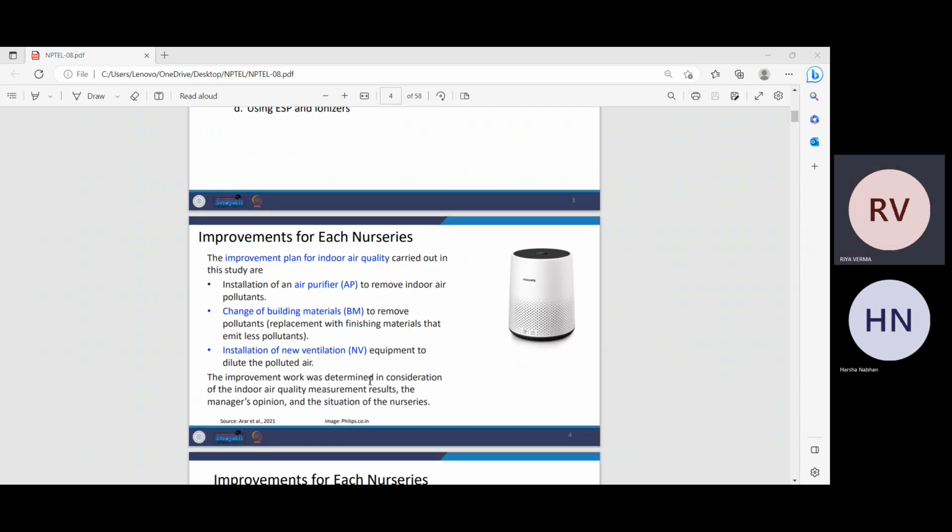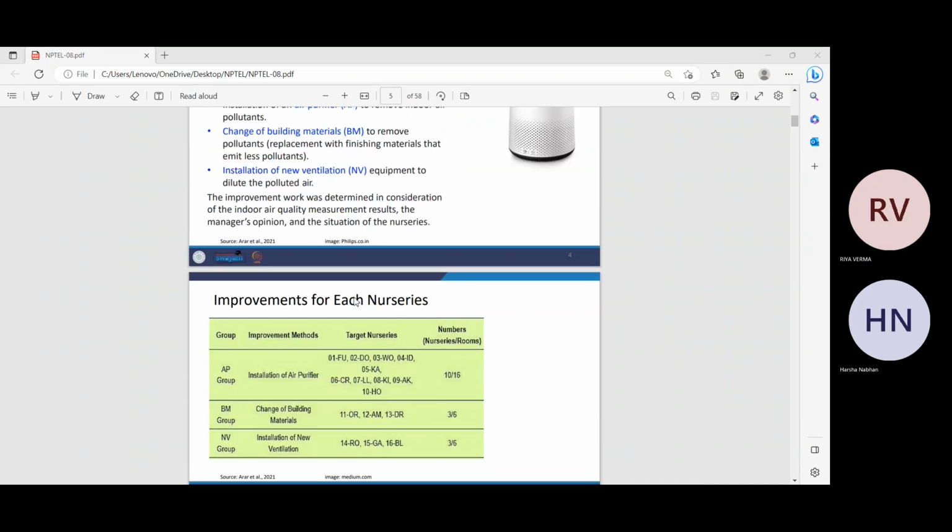The improvement work was determined in consideration of the indoor air quality measurement results. Basically, firstly, they carried out the test for the indoor air quality, and according to the quality of air they got in different classrooms of the nurseries, they chose the type of improvement plan which is suitable for that nursery.